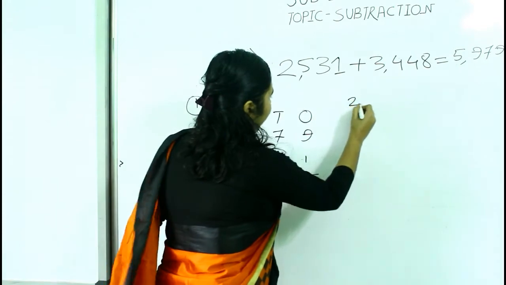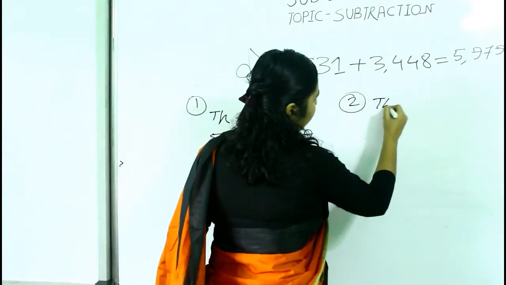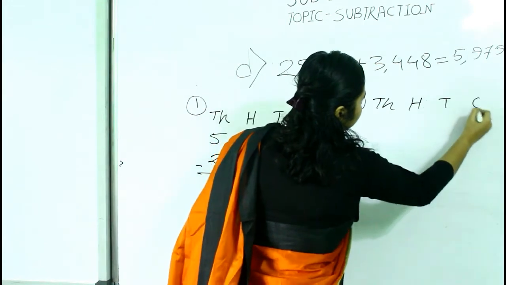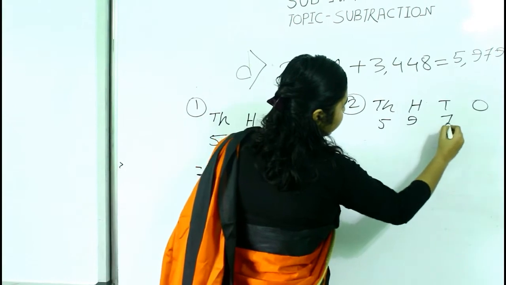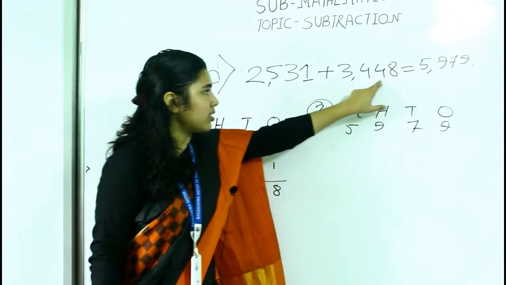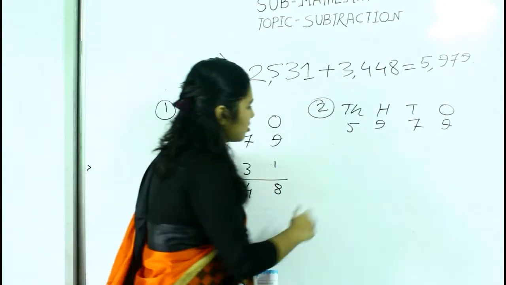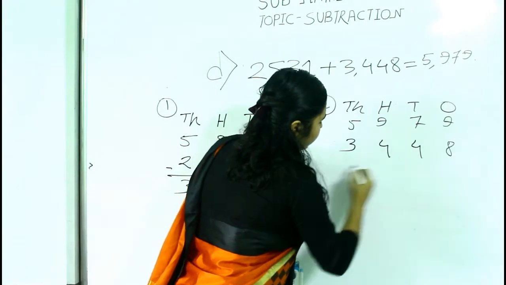And second fact, again take this sum, 5979, and subtract the other number, which is 3448.